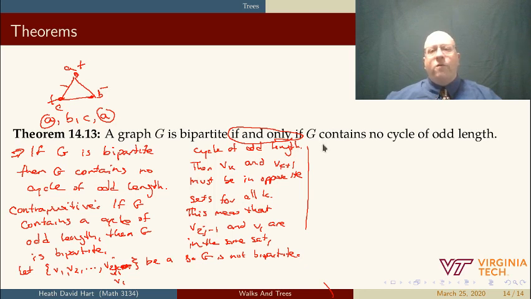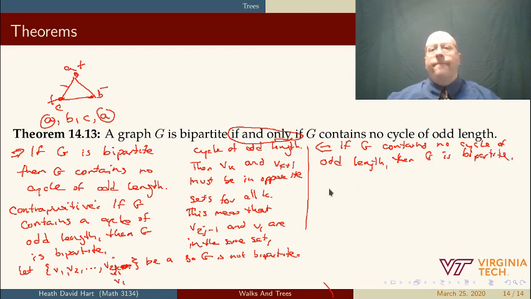So then we go and prove the other direction. If G contains no cycle of odd length, then G is bipartite.